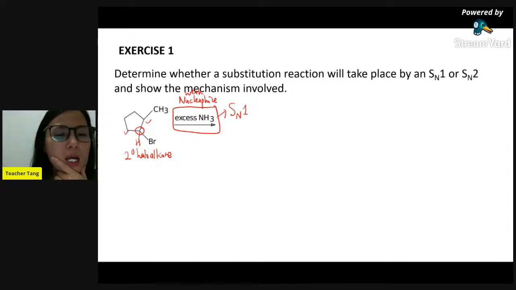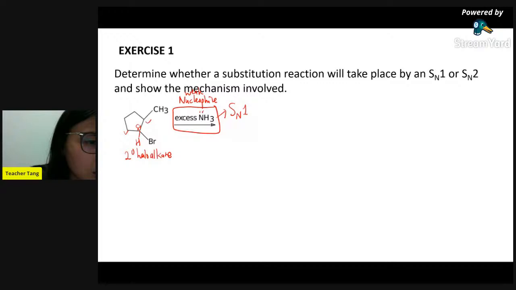Okay, so before we move on to look at the mechanism, shall we draw the product? Remember, this nucleophile, with the nitrogen, will go in and attack the carbon that carries the partially positive charge, and then kick out Br.